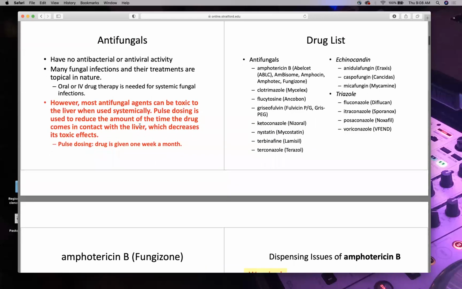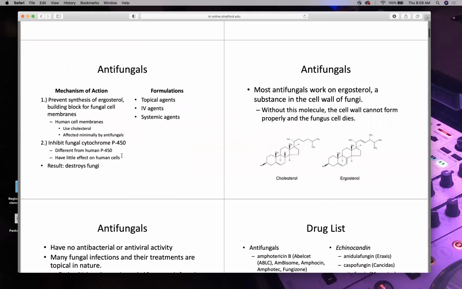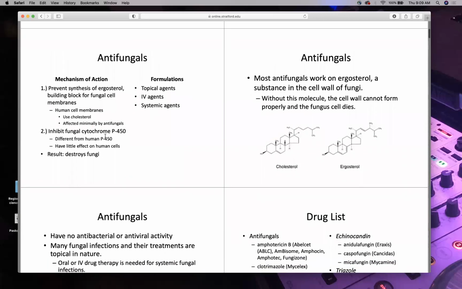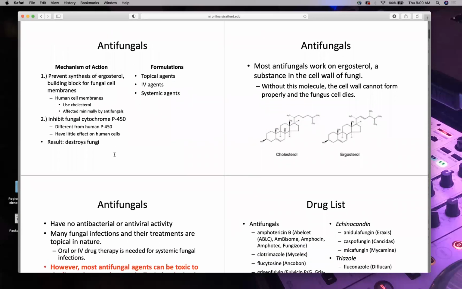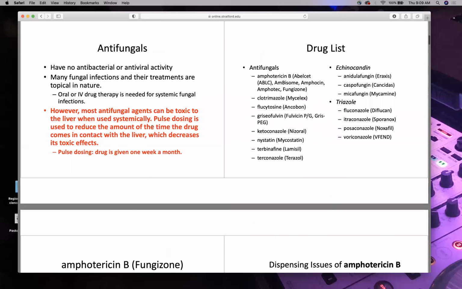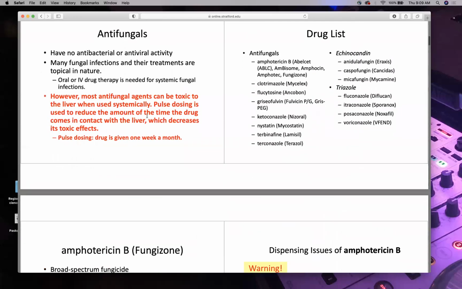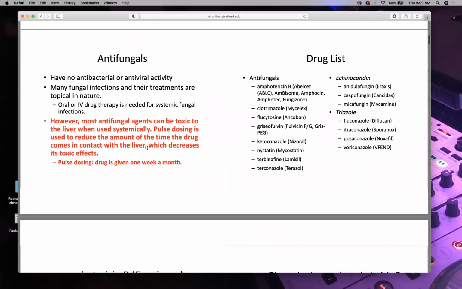Now, remember, it's set up here that fungal cytochrome P450 is different from human cytochrome P450 and has little effect on human beings. That's kind of, Dr. Cisco should have erased that. Cytochrome P450, yes, it's different, but again, it is a metabolic function. And if antifungal medication messes with metabolics, it's going to mess with human metabolics.